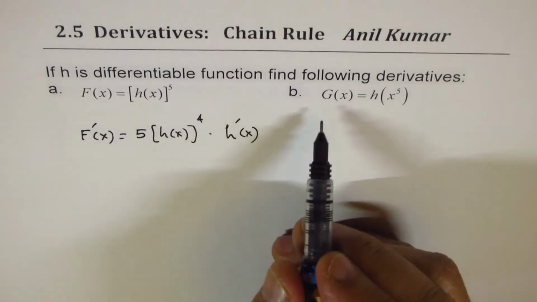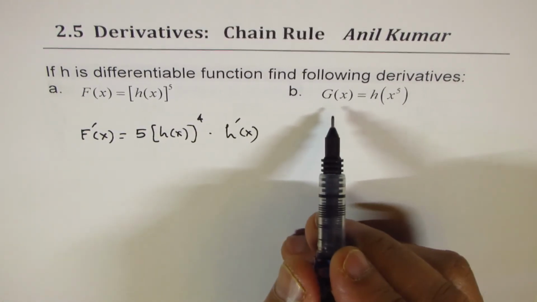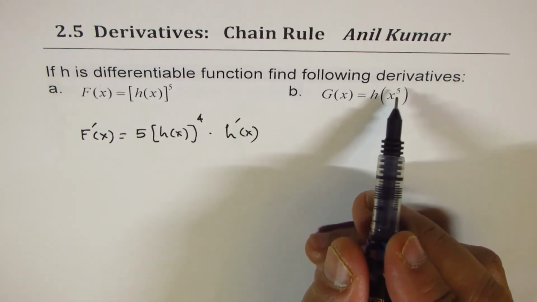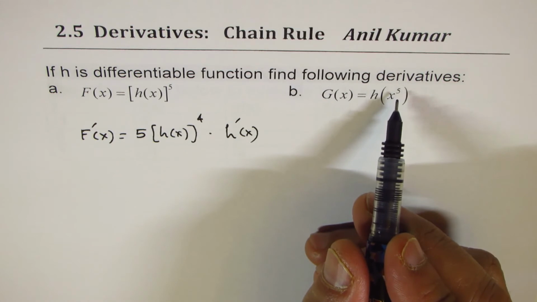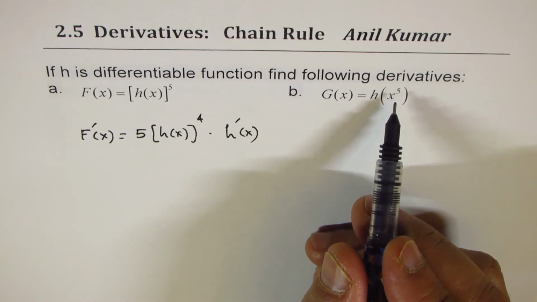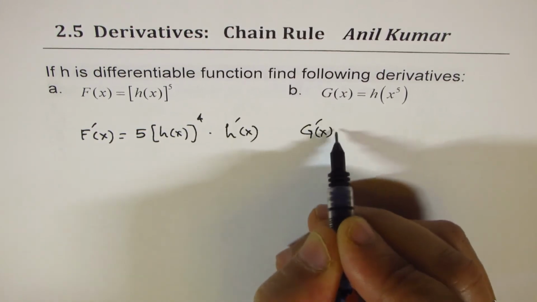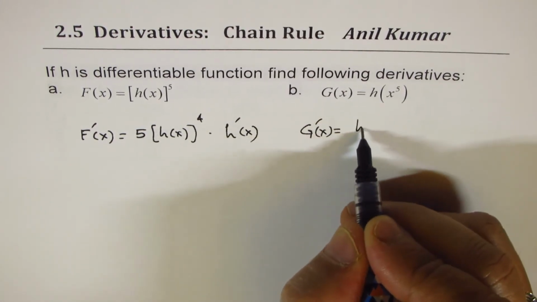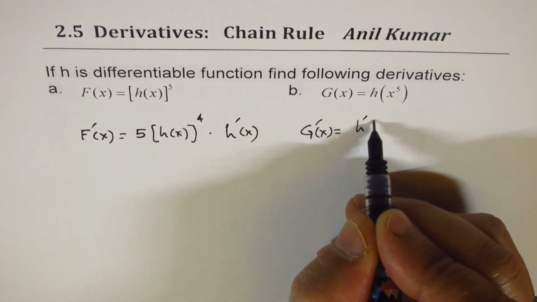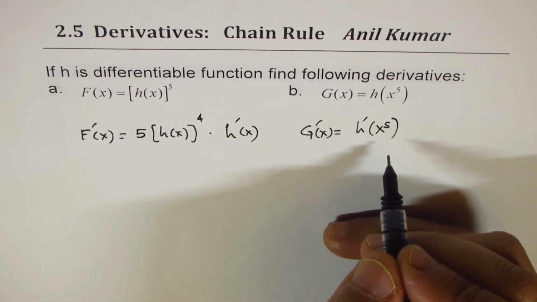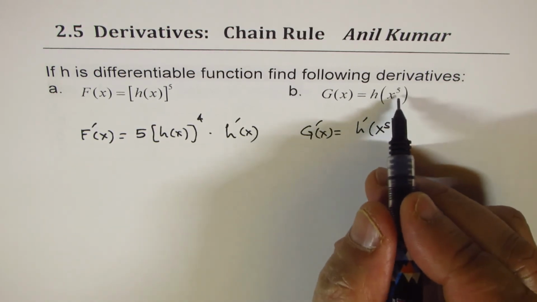Correct? The next question here is a similar kind. However, this time we have h as a function of x to the power of 5. So in this particular case, we can write this derivative as h prime of x to the power of 5, and then we apply the derivative of the inside function.